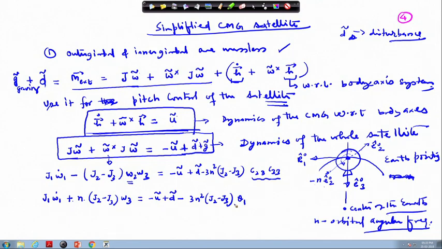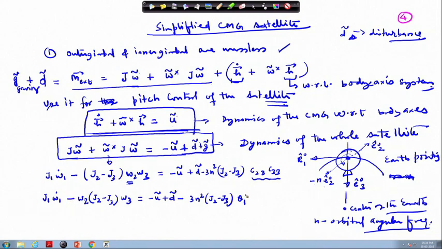So, for a small angle approximation, if the system is disturbed from the equilibrium condition, you can replace it later on also, it is not required at this stage, but this part is okay. If there is a perturbation in omega 2, we have to take into account that also. Okay. So, maybe for the time being, let us write this as the omega 2 only, omega 2 times omega 3, and this will put as a minus sign.